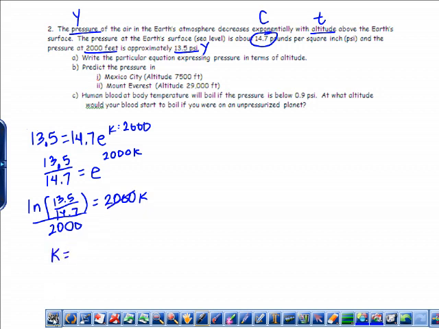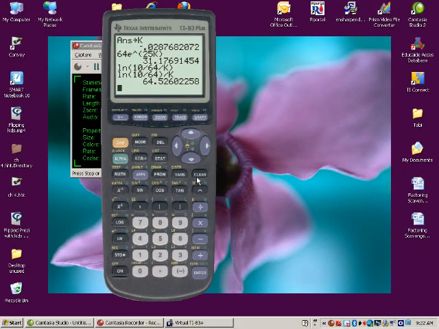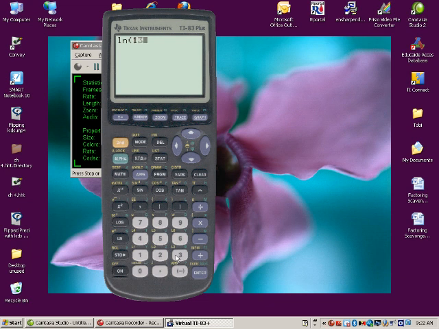Okay, so our k value in this case, we go to our calculator and type this in. Natural log of 13.5 divided by 14.7 and then divided by 2,000. And we get a really small number here. Okay, so you can write that number down if you want.